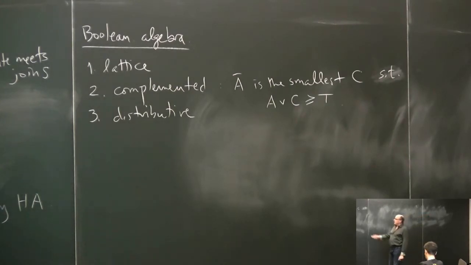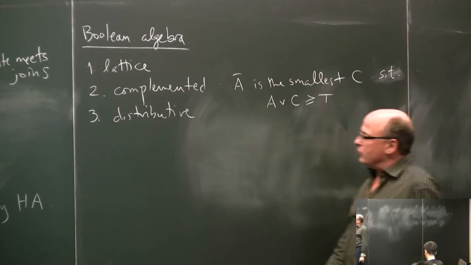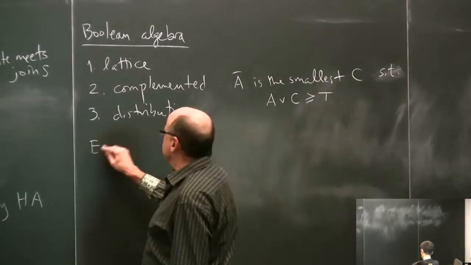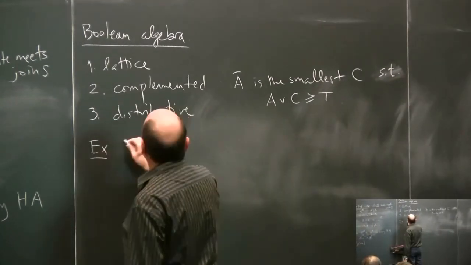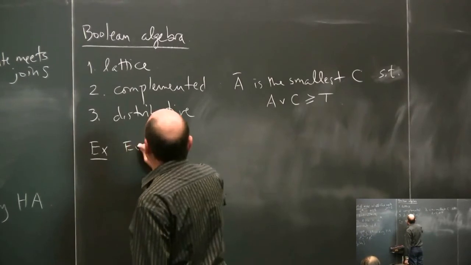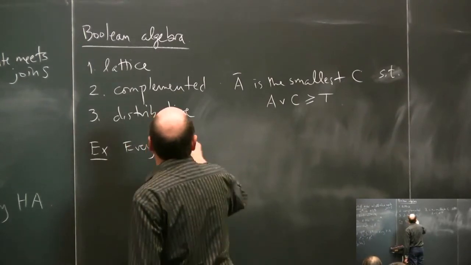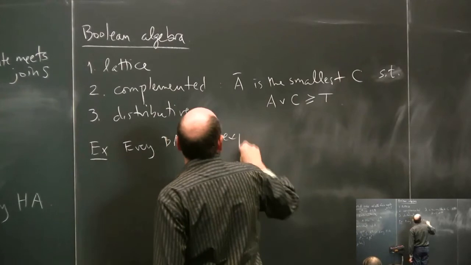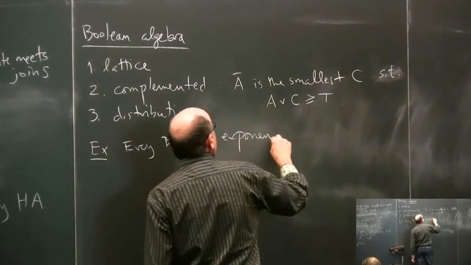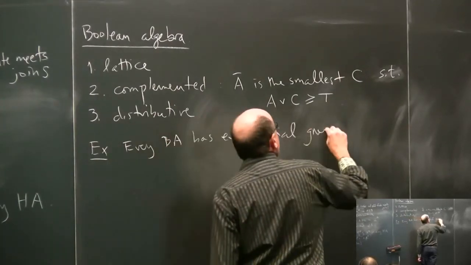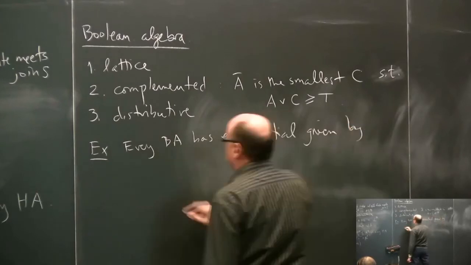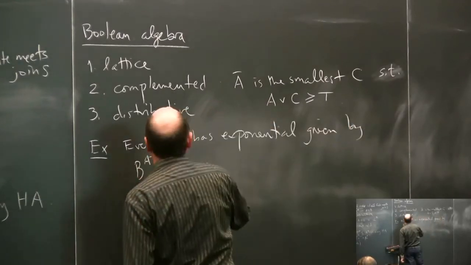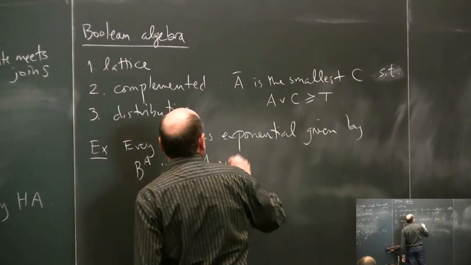And then in the setting of a Boolean algebra, you can do all sorts of familiar tricks. One thing I wanted to point out, which I mentioned last time, is an exercise: every Boolean algebra has exponentials, given by b to the a being not a or b.